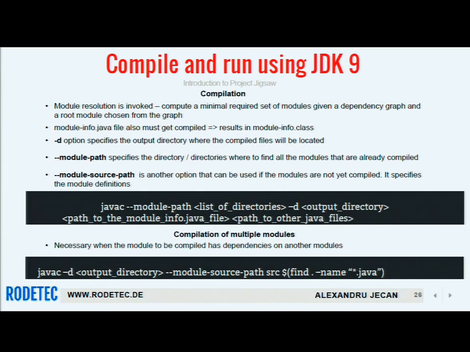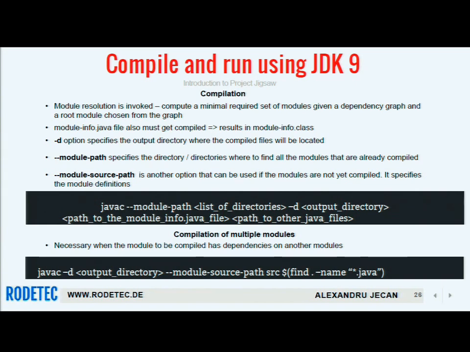Let's see how you can compile. So when you compile, a resolution is invoked. You compile, and it builds the module graph and sees what kind of modules are needed, because you have transitive dependencies. So you use javac, you specify the --module-path option, and then a list of directories. -d, you specify where it should output.